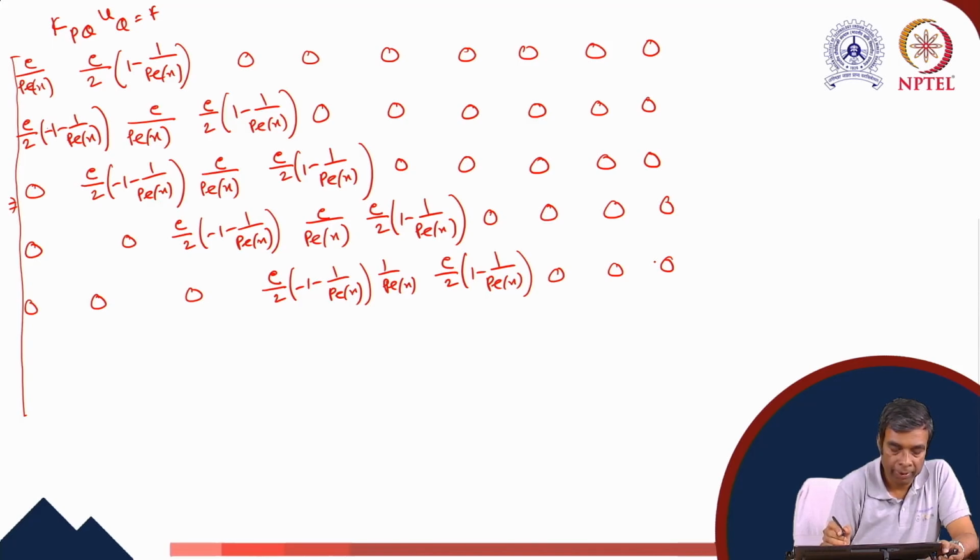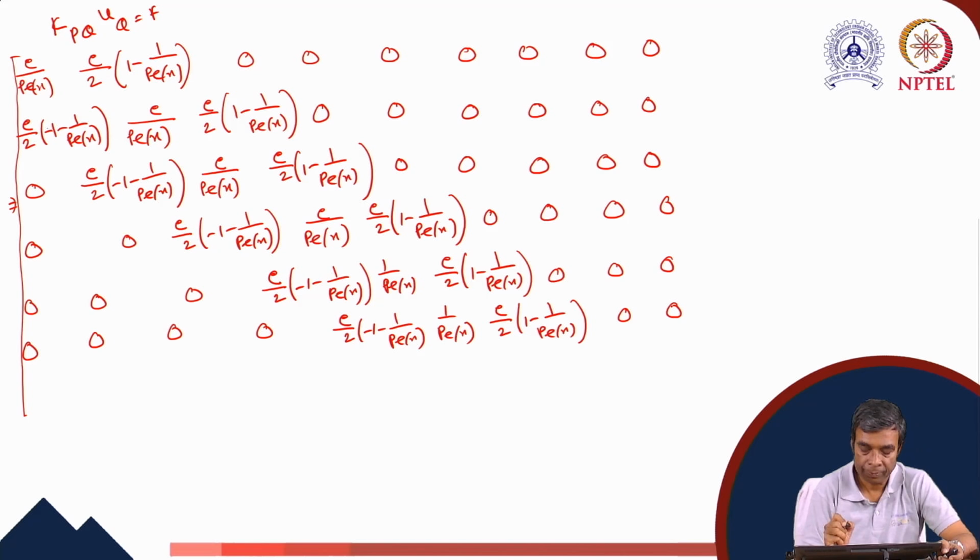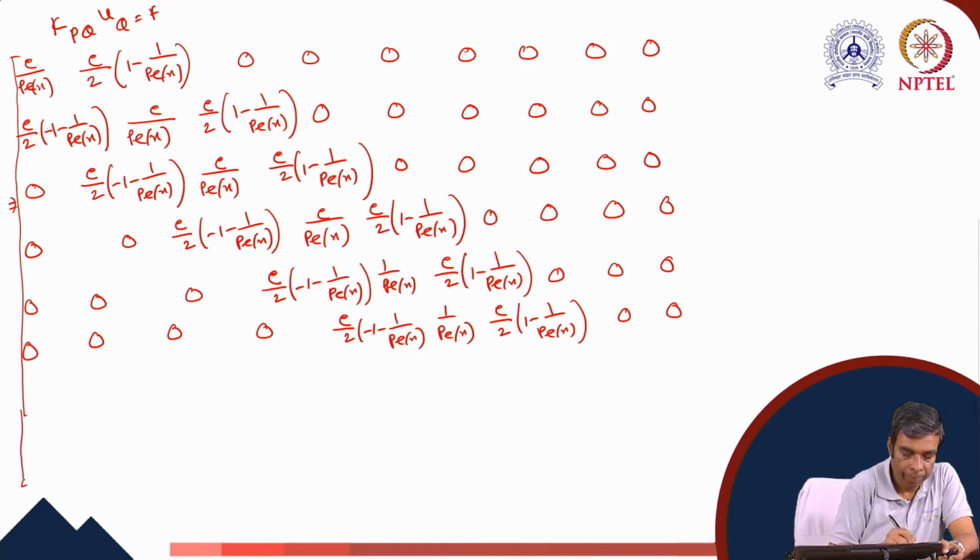Then we go to the sixth equation, 0, 0, 0, 0, then C by 2 into minus 1 by PEX, C by PEX, C by 2 into 1 minus 1 by PEX. Then we have 0 and 0. We have written the 6 equations.